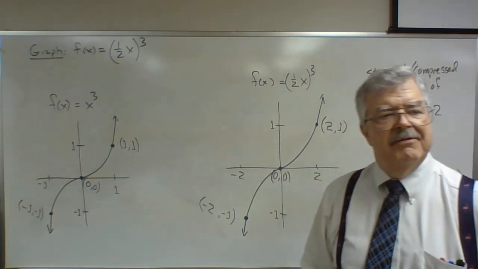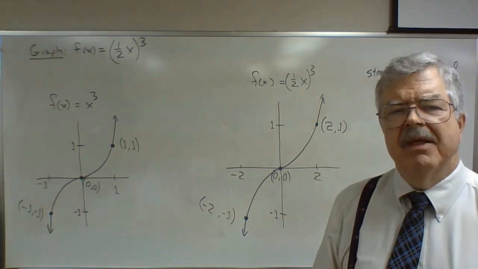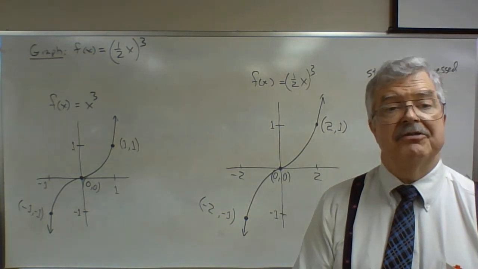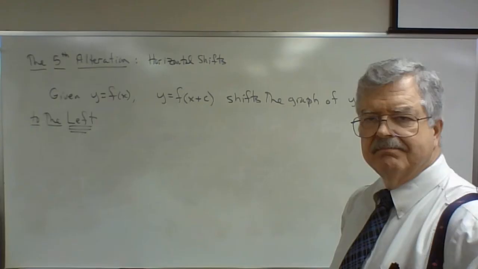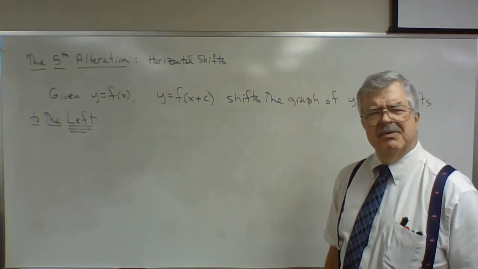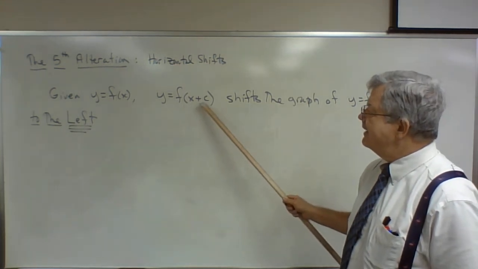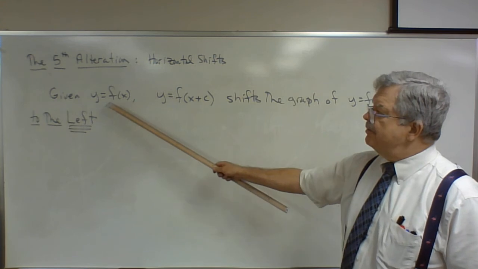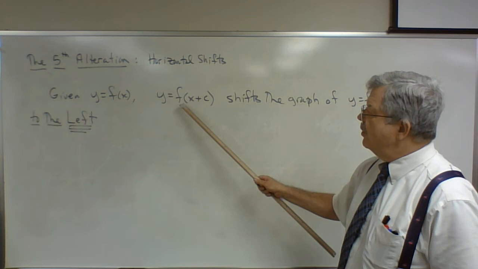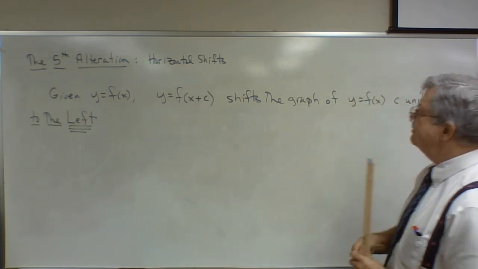Well, enough of compressions and stretching for right now. We have one more thing to look at, and that's horizontal shifts. This is another horizontal modification that doesn't do exactly what we'd expect it to do. y equals f of x plus c. Suppose we have the graph y equals f of x. The graph of y equals f of x plus c shifts, oh, that's a big one.